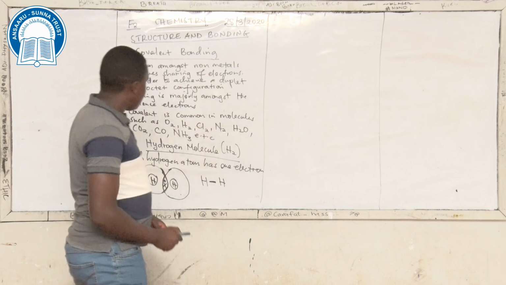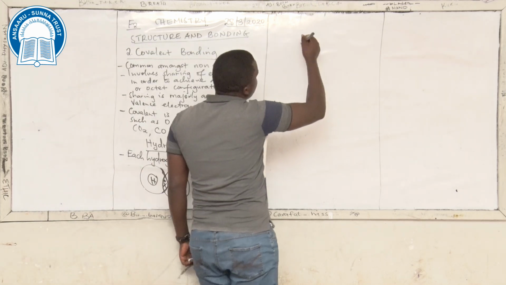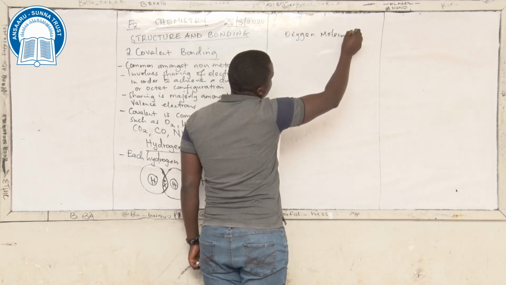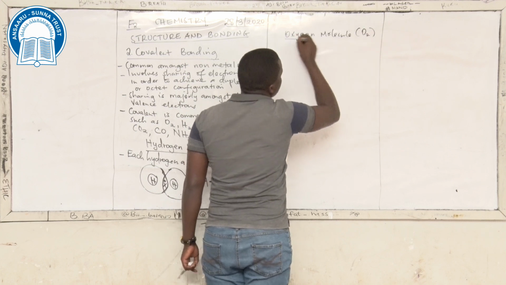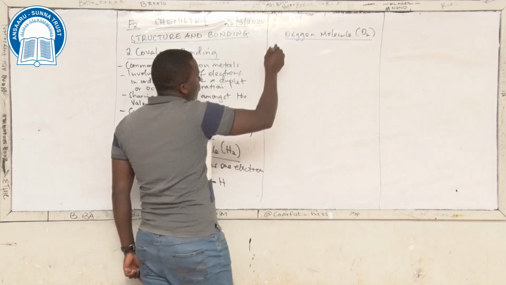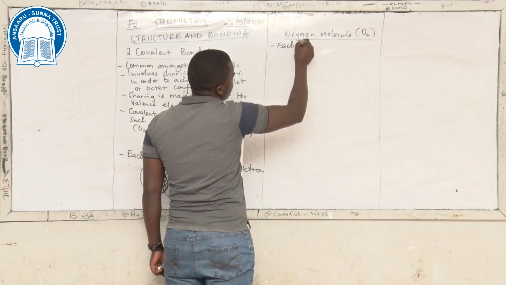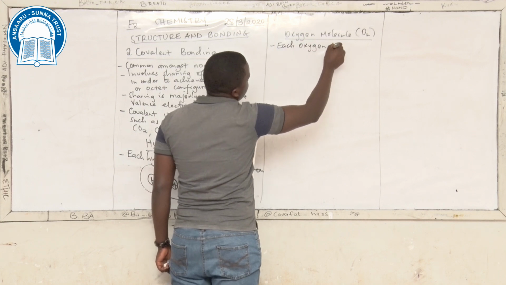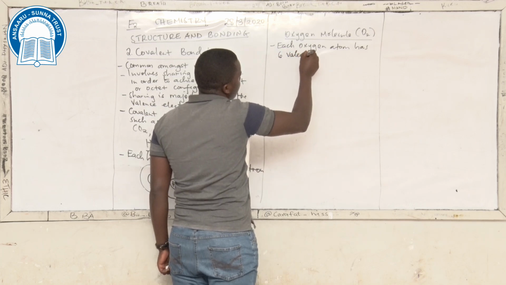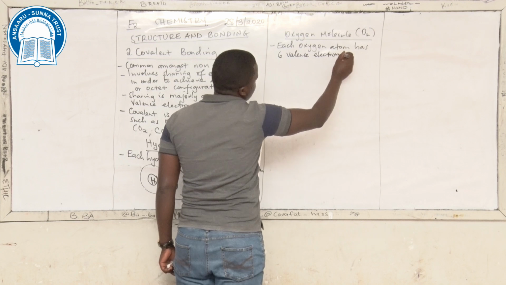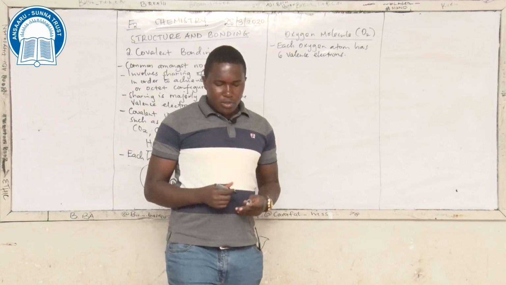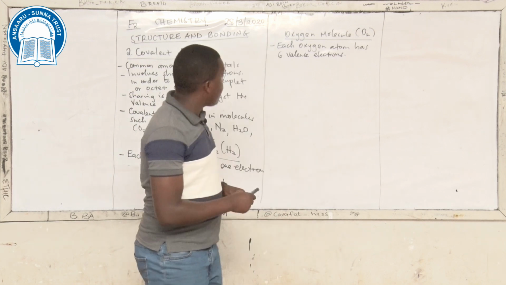The next one which I want us to look at is the oxygen molecule. The oxygen molecule contains two oxygen atoms. We know that each oxygen atom has 6 valence electrons, and therefore each oxygen atom will require 2 more electrons to achieve the octet configuration.